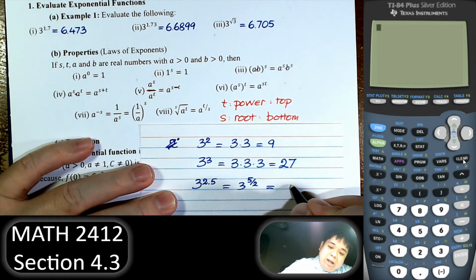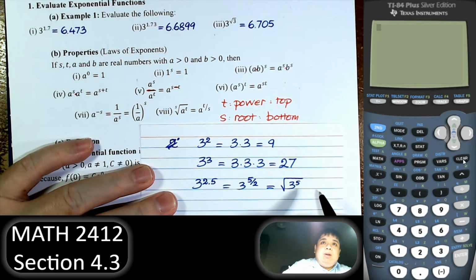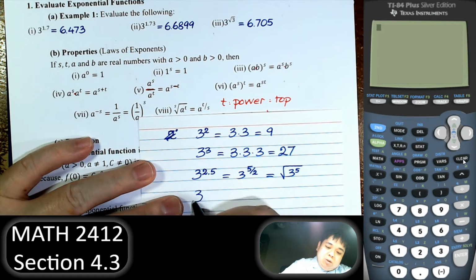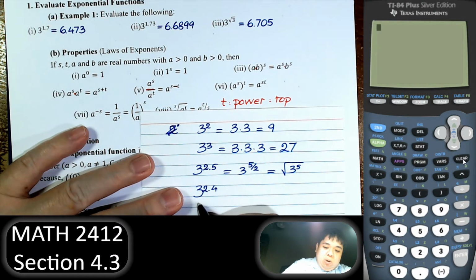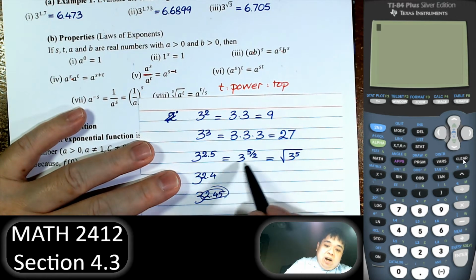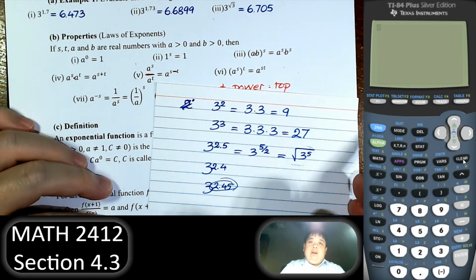And with this we can say power on top, root at the bottom. We can do 3 to the 5th power, and then take the square root, so we can get some values, right? Of course, we can do this for any decimal places like 2.4 or 2.45. We can write it as a rational number, and then turn that into the root and power, and we can evaluate, right? So that's the point.